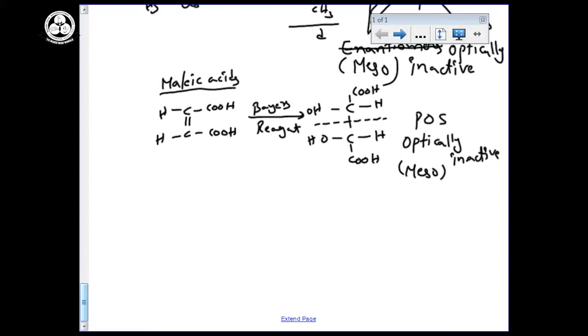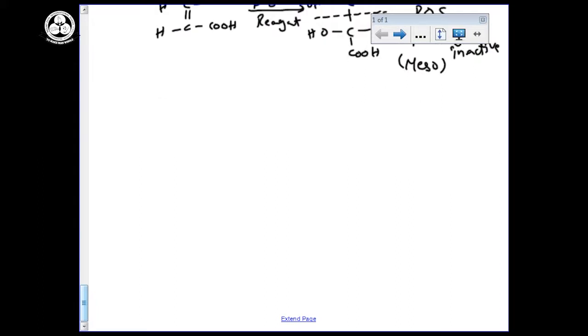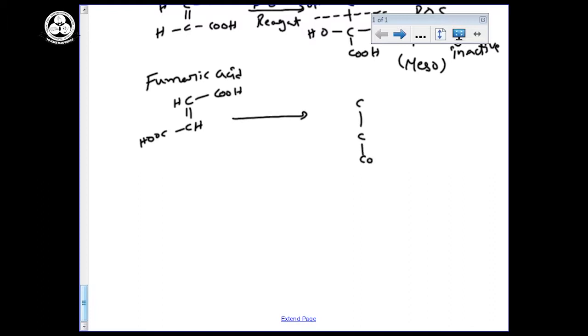Same, if you are taking fumaric acid, maleic acid, fumaric acid. Fumaric acid means nothing but the trans form. The same Bayer's reagent you are using. See, the compound is, for example, I am writing COOH, hydrogen here and hydrogen here and COOH. This is OH and OH.